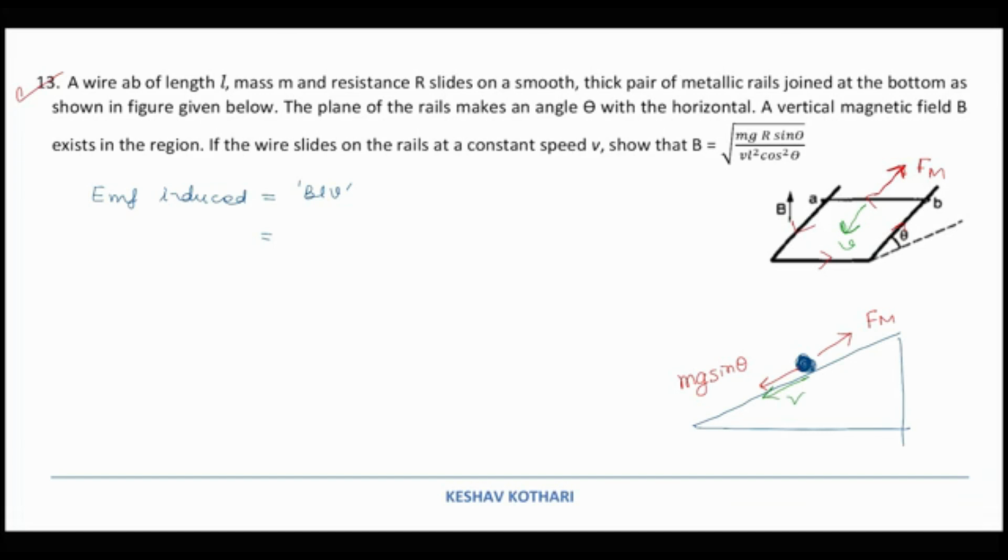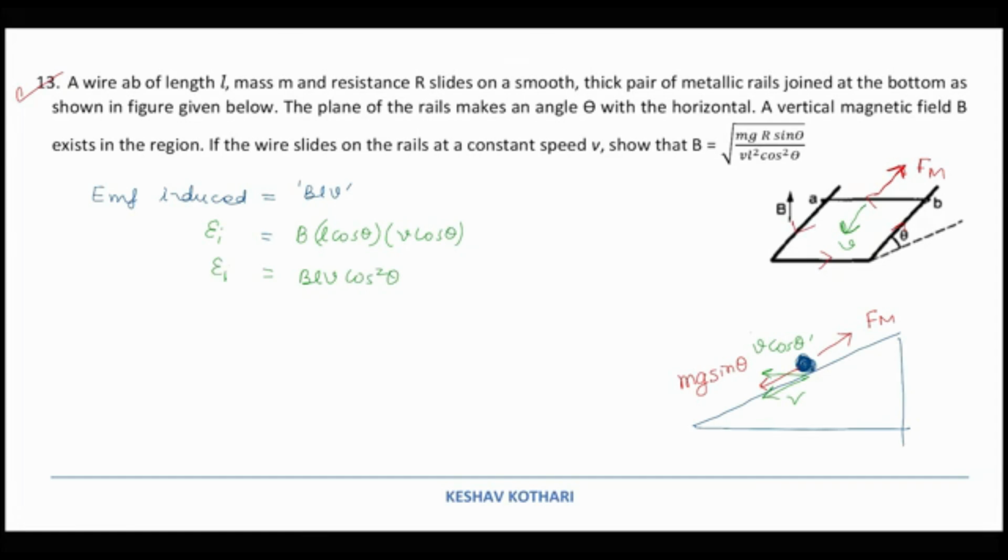The velocity component perpendicular will be v cos theta, and the length component will be L cos theta. So the value of EMF induced can be written as B L cos theta into V cos theta. So the value is going to be BLV cos square theta. So this is going to be the EMF induced.